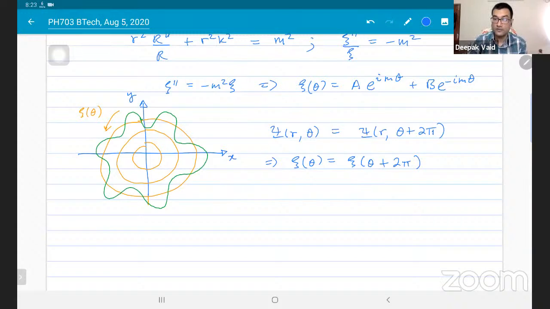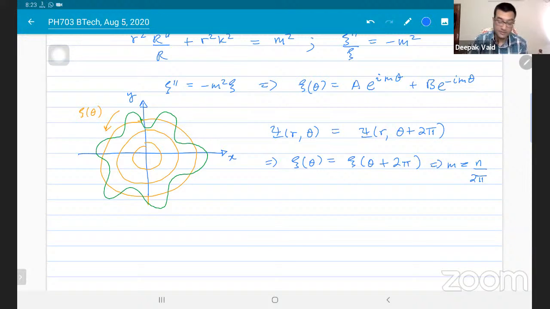But the obvious consequence is that m will be an integer, and it will be some integer divided by 2 pi.